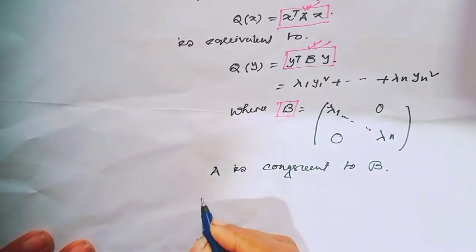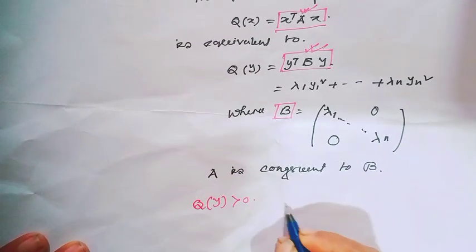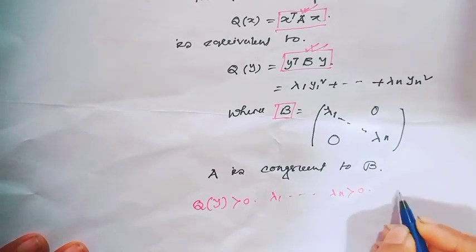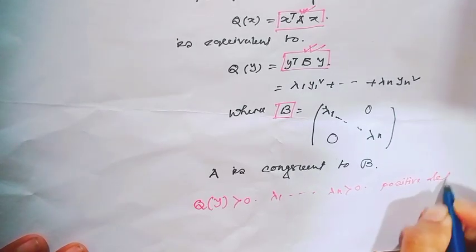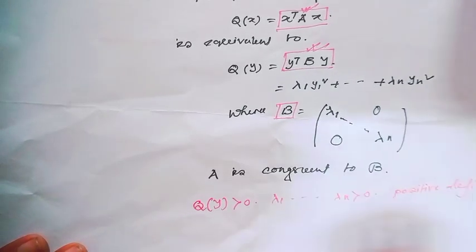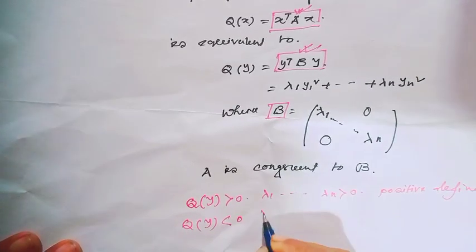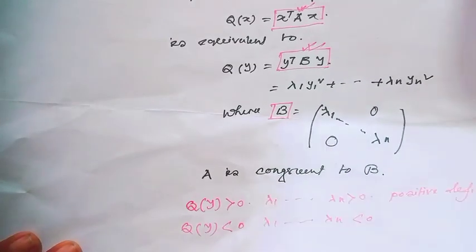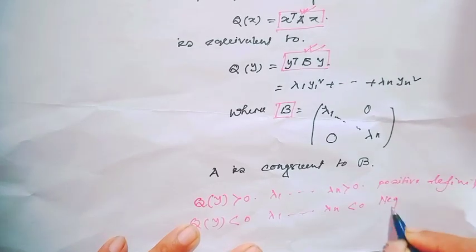And when Q(y) is greater than 0, that means obviously all of lambda 1, lambda 2 up to lambda n would be greater than 0, then the matrix is a positive definite matrix, as we all know. And when Q(y) is less than 0, then all eigenvalues would be less than 0, then this is negative definite.